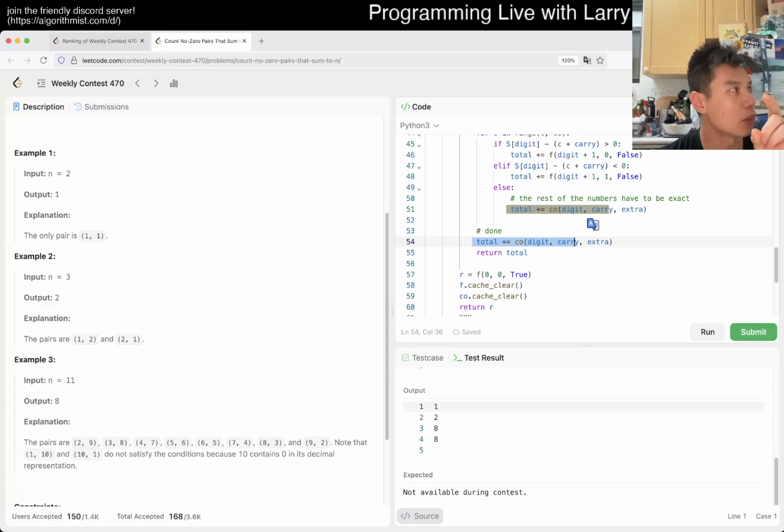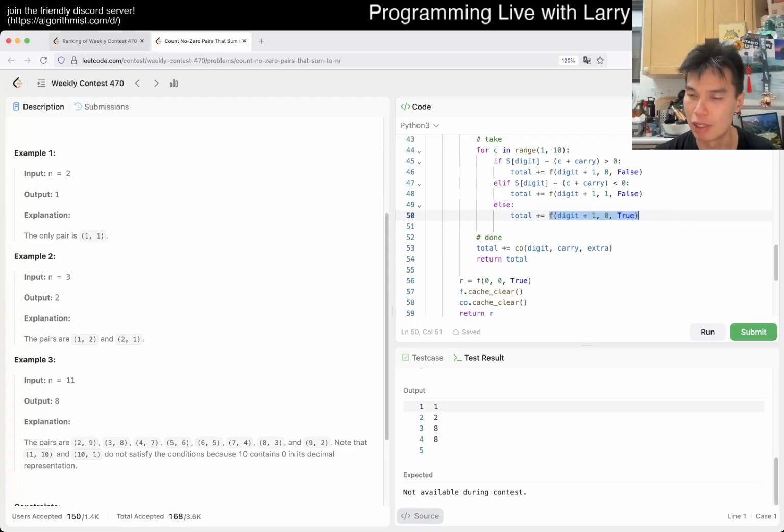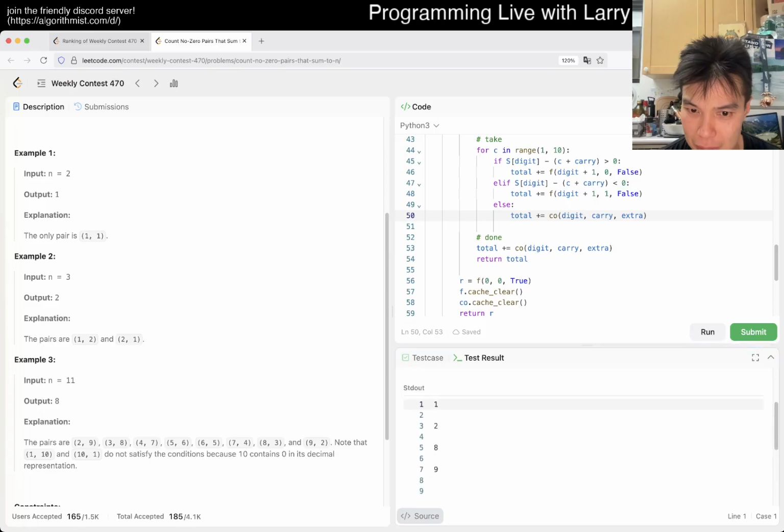No, that's done for the current number. This is done for the next numbers. That's not quite right. What is quite right? So you have to basically be the prefix, right? So that is the same as this, right? Is it not? Maybe it is.